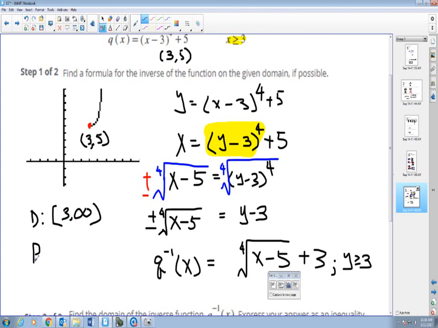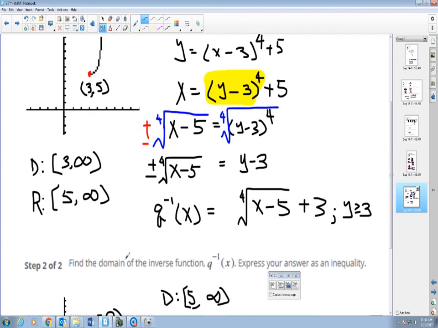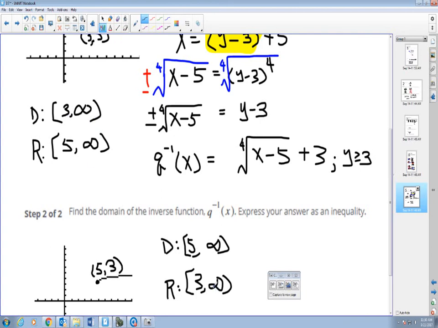The range will start at 5, keep on going up. Now compare between the two domain and range. What do you notice? This was a domain. Now the same 3 to infinity becomes the range because of the interchange between the x and the y. So the domain and range will also flip for the inverse function.